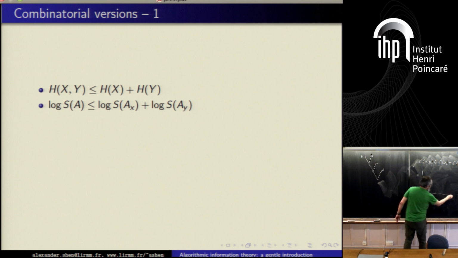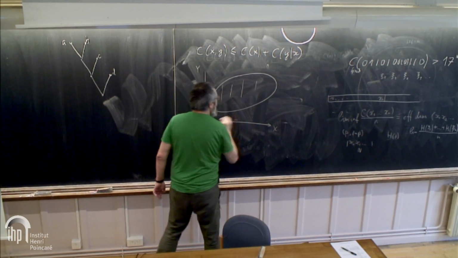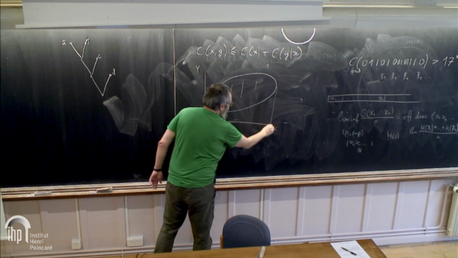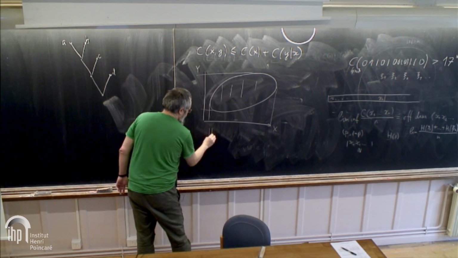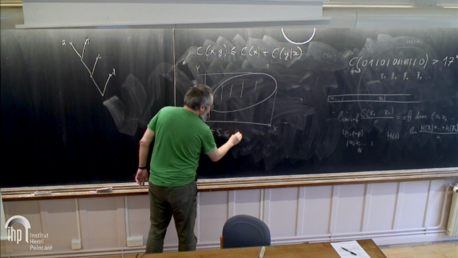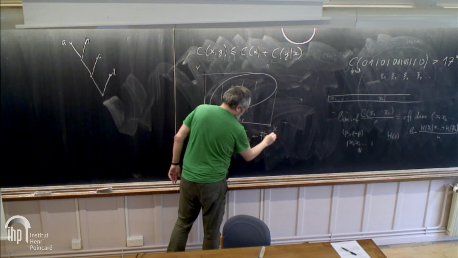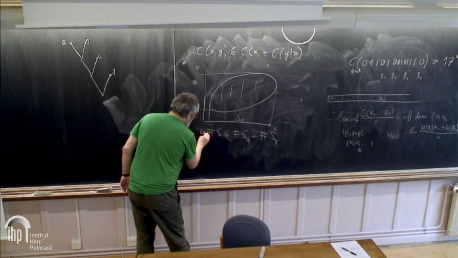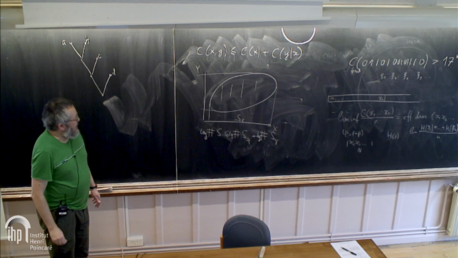So if we have two sets, x and y, and we have some set S here, then the first inequality, with the entropy bounded by the sum of the entropies, is just that the log cardinality of the set is bounded by the log cardinality of its first projection plus that of its second projection.